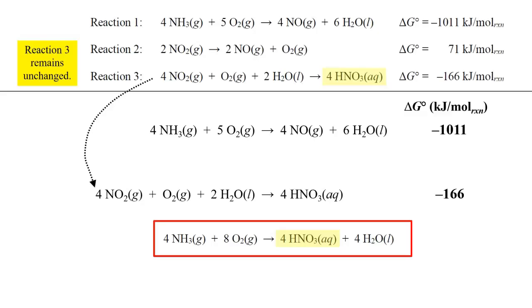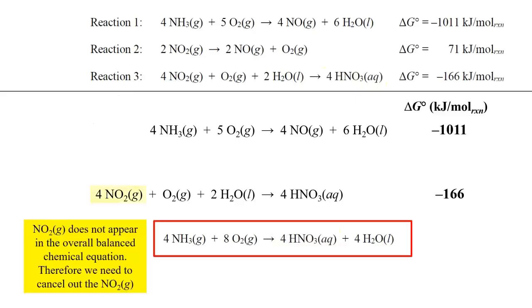Now I have a problem in that I'm looking for NO2 in reaction 2. However, NO2 does not appear in the overall balanced chemical equation. So what we need to do is actually cancel out the NO2. So I see 4 moles of NO2 on the left in reaction 3, and I see 2 moles of NO2 on the left in reaction 2.